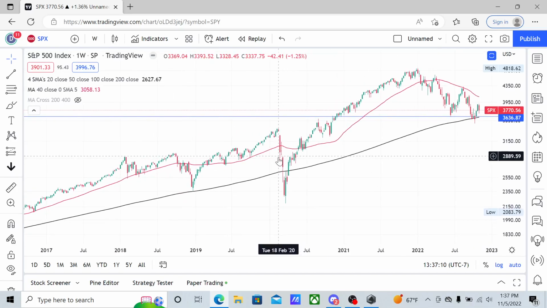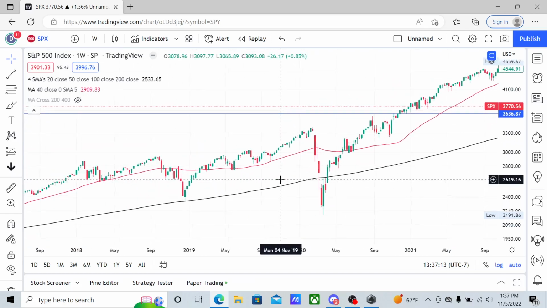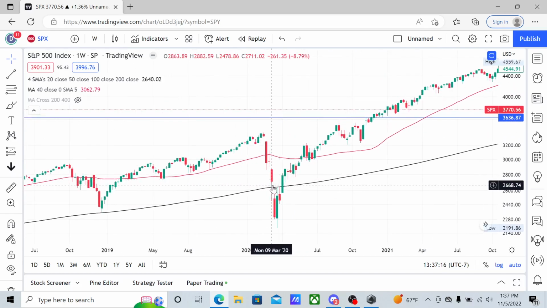You could see the same thing sort of happened in COVID. Let's zoom in here a little bit. So March of 2020, S&P 500, it moved below the 200-week, but ultimately ended up closing back above it. And then the next week, it actually opened below and stayed below that 200-week moving average.